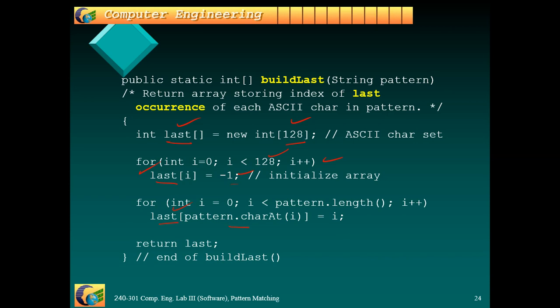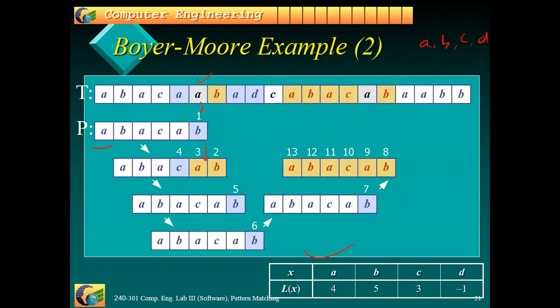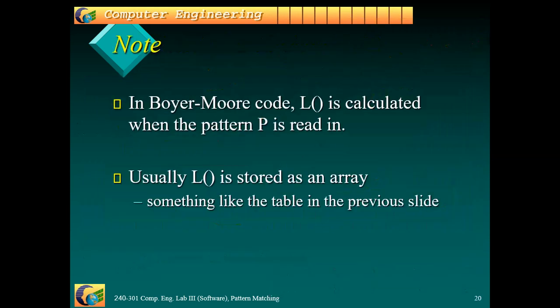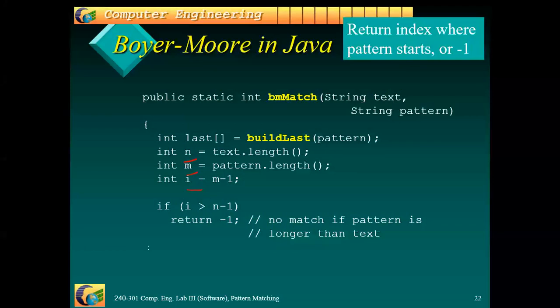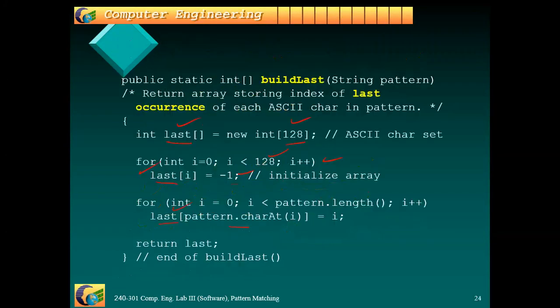Your pattern has the characters A B A C A B. So when A is passed here, what is the ASCII equivalent value of A?